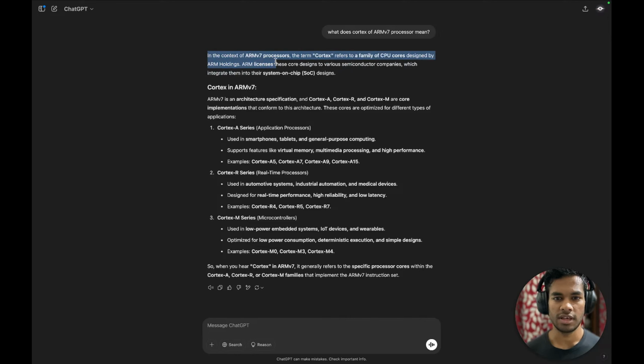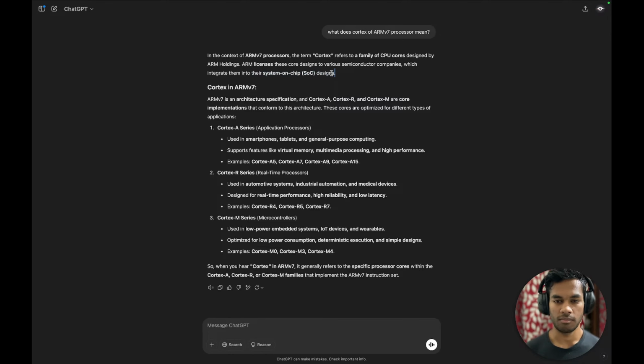ARM licenses these core designs. Okay. Well, there is the ARM instruction set, and then there is how you implement that instruction set. So ARM has an instruction set, and then they have Cortex, which is a family of CPU core designs that can be used to implement that instruction set.